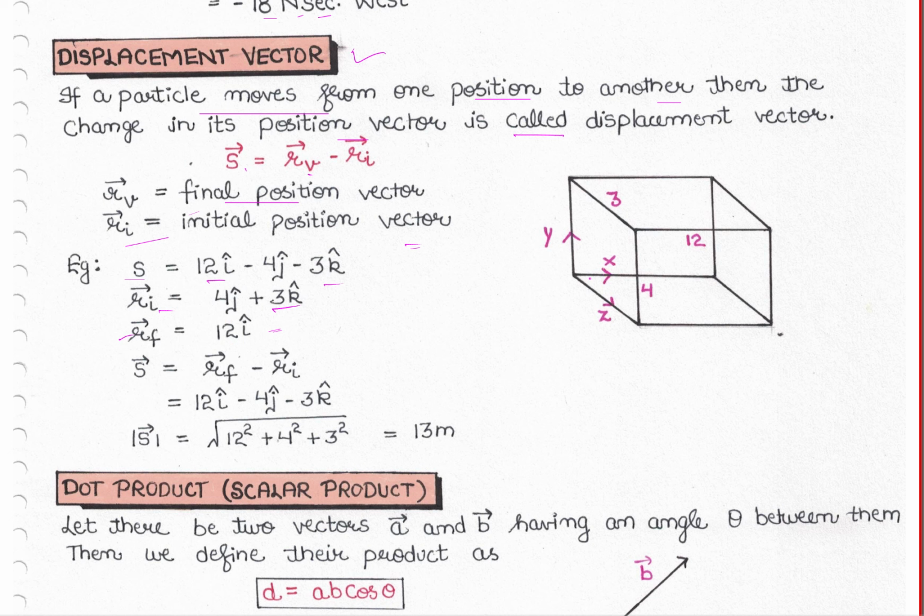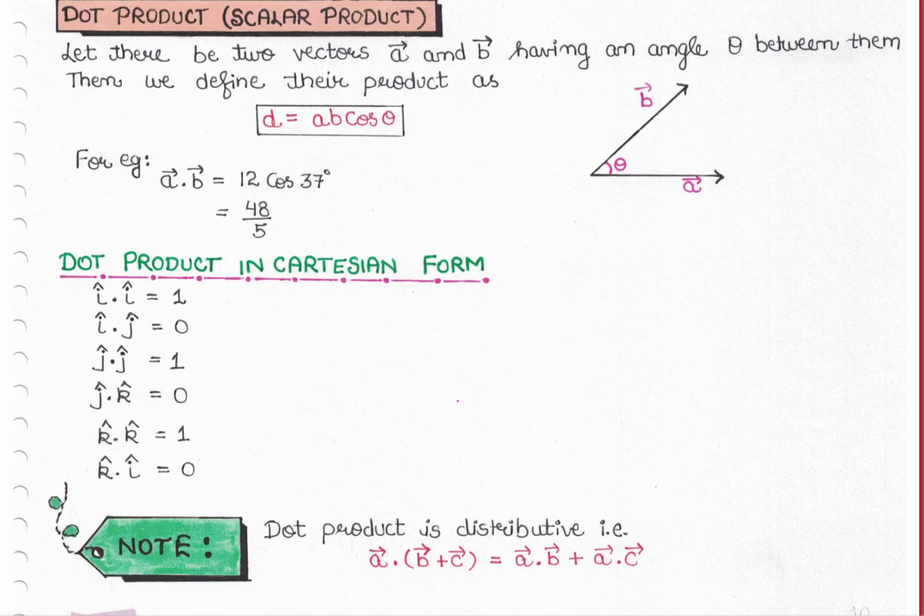This is our x, this is our y, and this is our z. So S vector is equal to Rf minus Ri, which is 12 i cap minus 4 j cap minus 3 k cap, or magnitude of S is equal to square root of 12 square plus 4 square plus 3 square, which is equal to 13 meter.